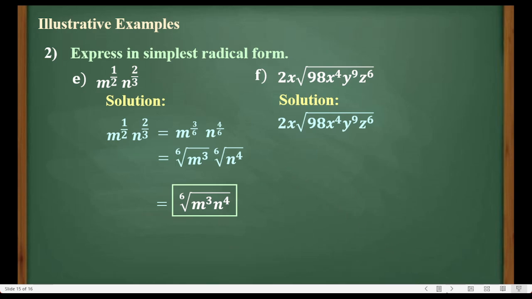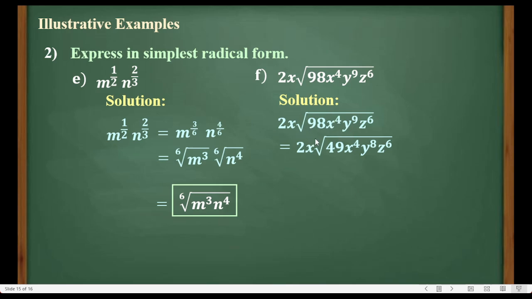we rewrite the given, and for our first step of this solution, we basically extract the perfect square factor from this radicand. And the perfect square factor is actually 49x to the 4th, y to the 8th, z to the 6th. Why did we consider this particular factor, x to the 4th? Simply because its exponent 4 is divisible by the index 2.